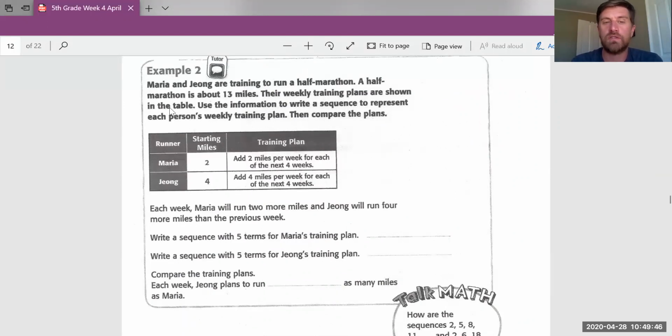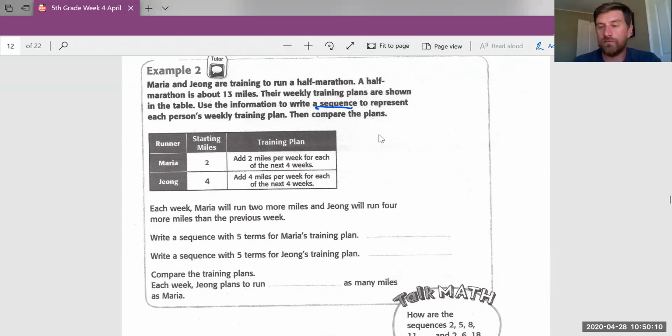Their weekly training plans are shown in the table. Use the information to write a sequence, a pattern, for each person's weekly training. Then compare the plans. So we're just going to do the same thing we've been doing the whole time.